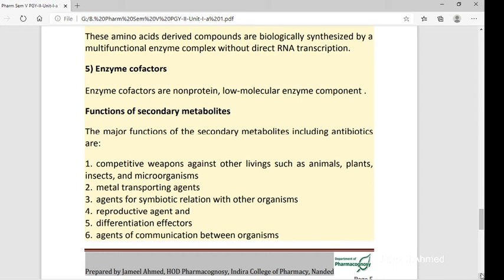Antibiotics are prepared from microorganisms. They have an essential role as competitive weapons against other living things such as animals, plants, insects and microorganisms.